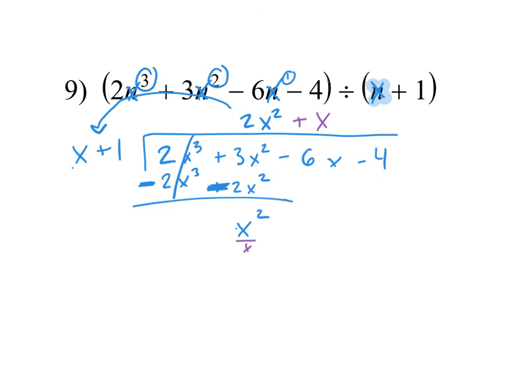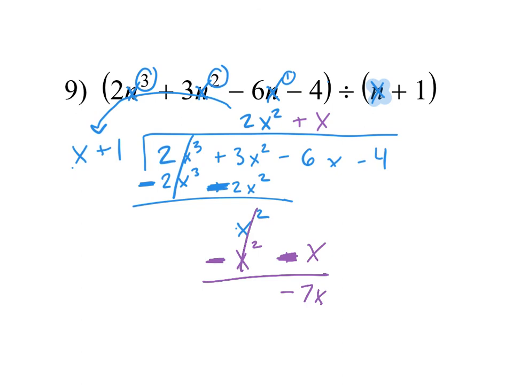What's x times x? X squared. And what's x times 1? X. What do we have to do next? Change sign. What's x squared minus x squared? They cancel. What's negative 6x minus x?